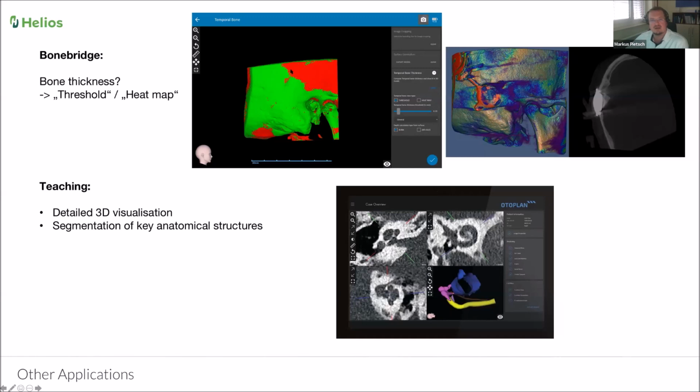And you see here the temporal segment of the bone is too shallow. So if you put, for example, the bone bridge in this place, you would have to expose the dura. And if you put it in this place, you won't have any problems inserting the bone bridge.